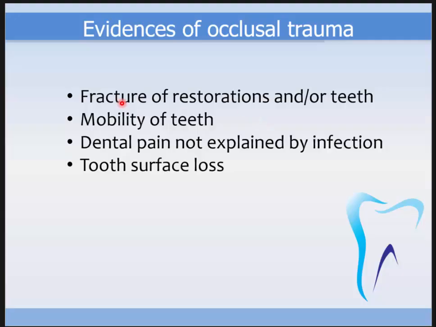We can see fillings keep on fracturing or dislodging, then the periodontal support might be compromised and cause mobility of the teeth, because when you have occlusal trauma, it can cause additional load on some of the teeth and cause mobility. Then the patient might suffer from dental pain, and the patient might have tooth surface loss.